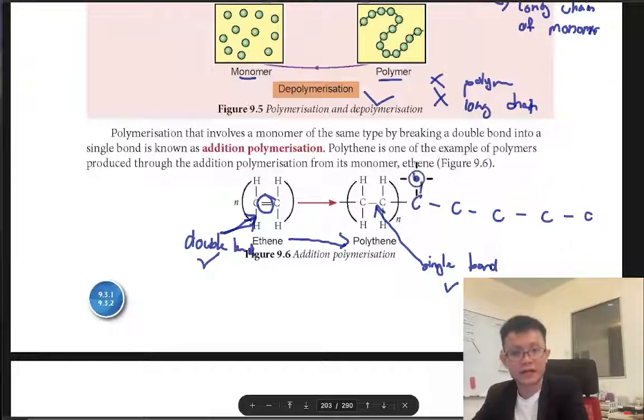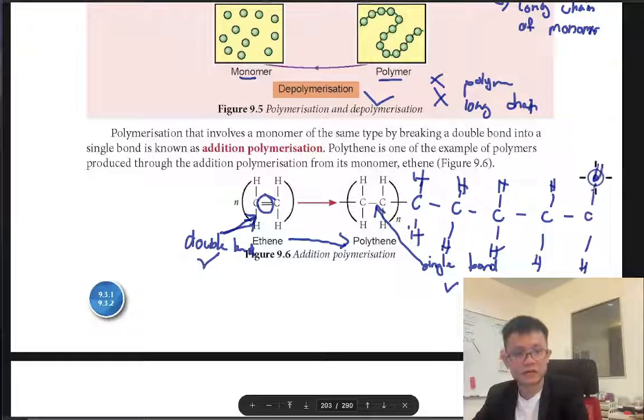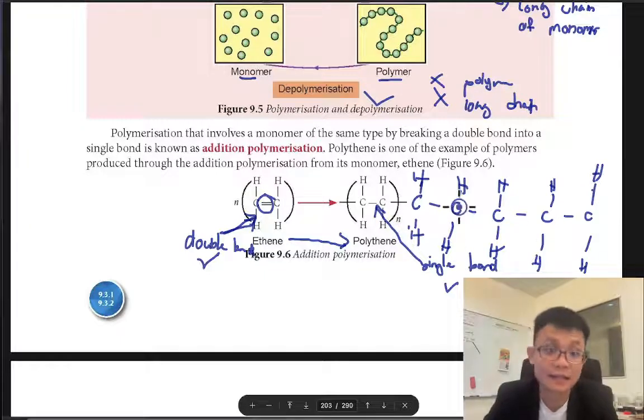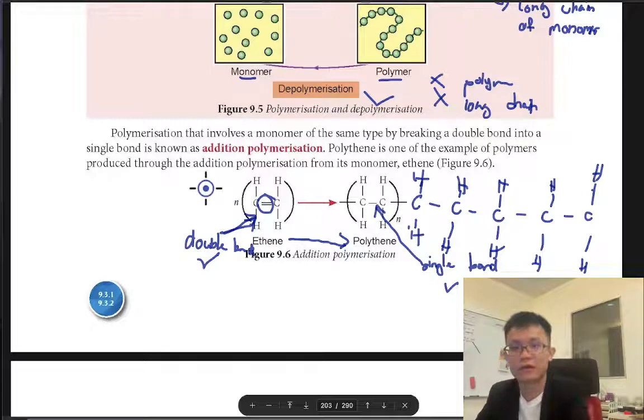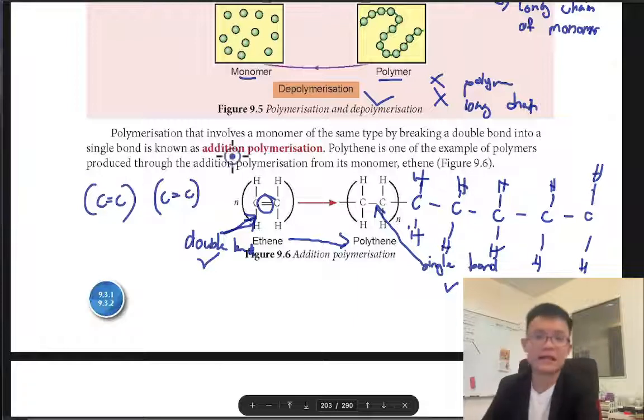So it will continue to be like this. So you can make a H, H, H, H, H, H, H, H, H, H. Okay, so this is the chain that you want to do. If double bond you cannot. Double bond it will be like this, C double bond C, then here also C double bond C. So there is no change.